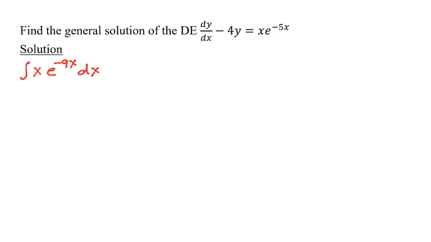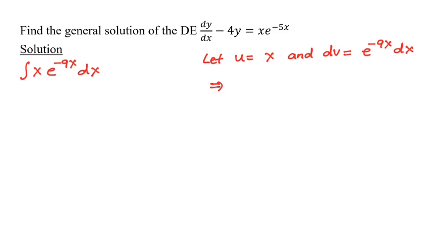In order to integrate this, we consider u equal to x. So let u equal to x, and dv is everything excluding that x, which will be e to the negative 9x dx.